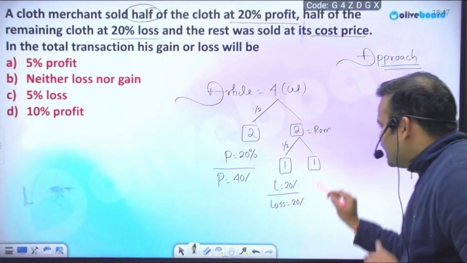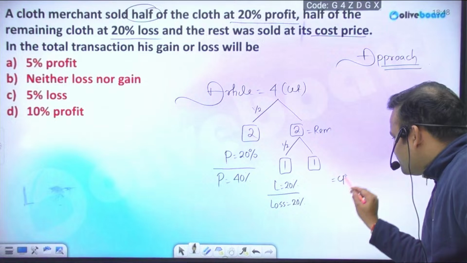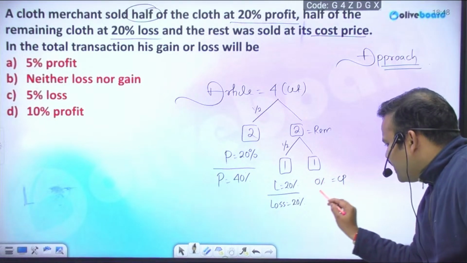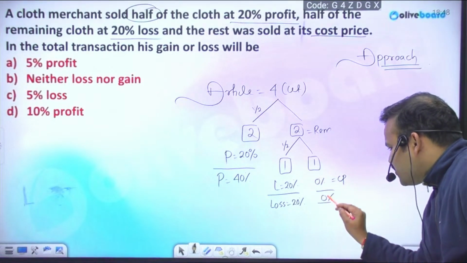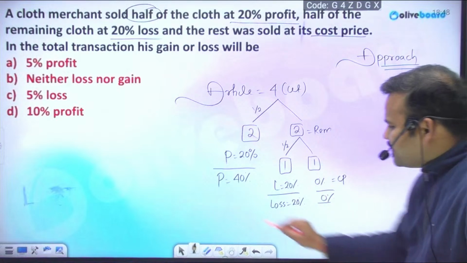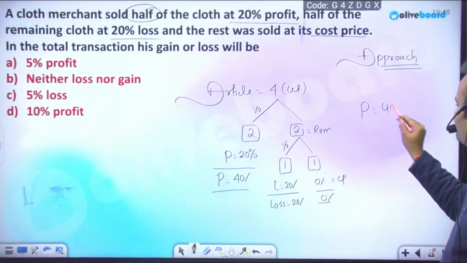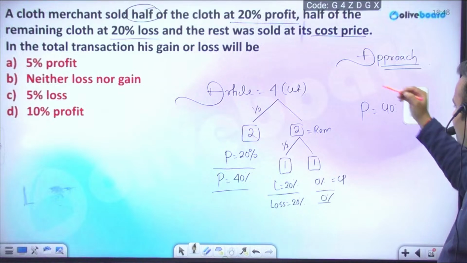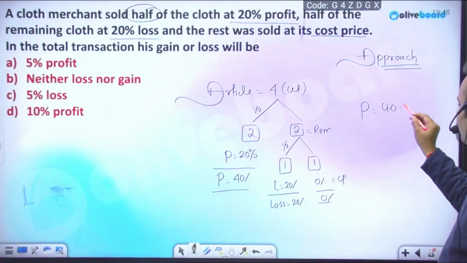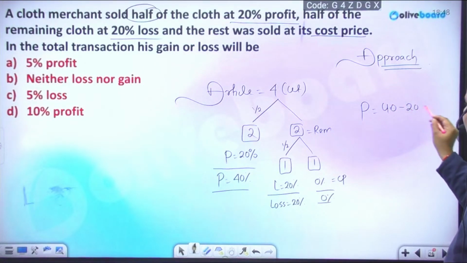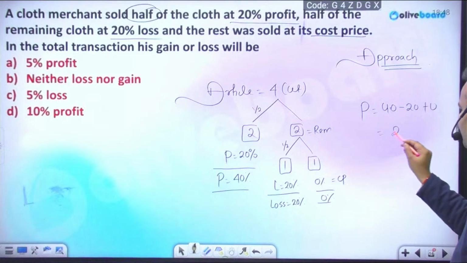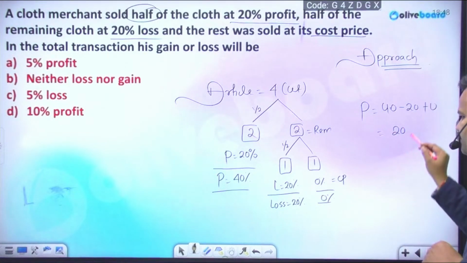And here he is selling it at cost price. Cost price means he is neither making a profit nor bearing a loss, so 0. So in the entire business, what is happening? He is making a profit of 40, then you have a loss of 20, then 0. So ultimately you are making a profit of 20. So what is the average profit percent?